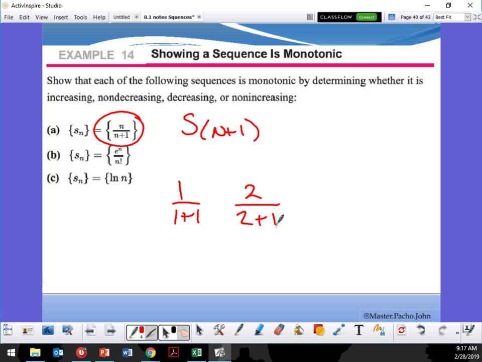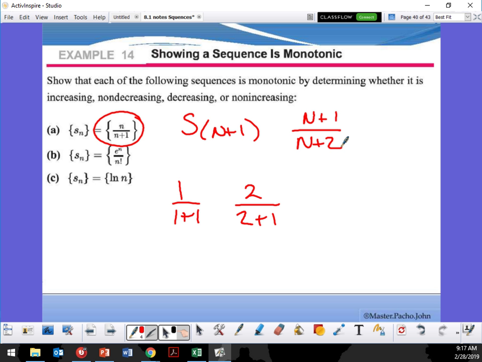So on the top, n plus 1, yeah, it's my 1 plus 1, right? I'll rewrite it again. So s of n plus 1, we said it was n plus 1 over n plus 2, right? So there we go. So my second term, that's right here.